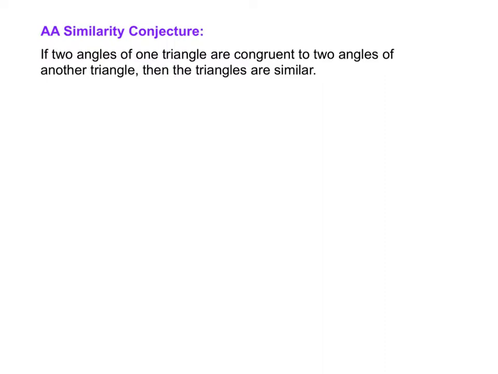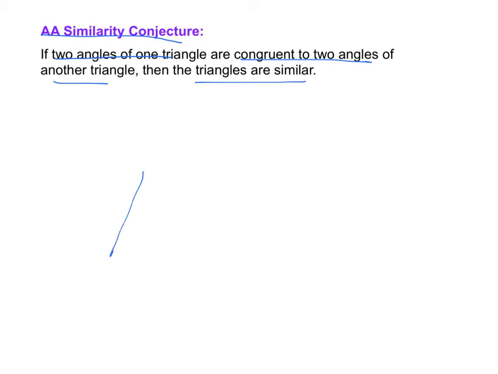So now we have our AA Similarity Conjecture, which says that if two angles of one triangle are congruent to two angles of another triangle, then the triangles are similar. So this is kind of cool because you're given only two pieces of information, but you're actually able to make this conjecture that the two triangles are similar.